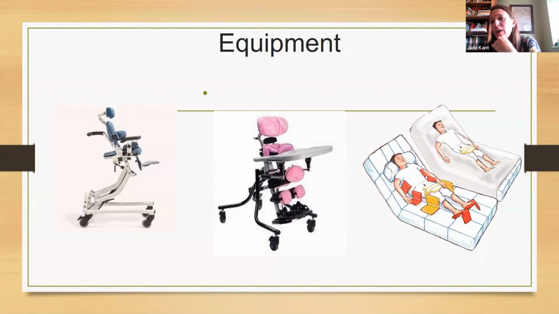And most families usually want to go ahead with it because they want their child to be able to maintain range of movement and not get the dislocated hips, not get the flexed contractures at the knees. So they are willing to try these sleep systems.